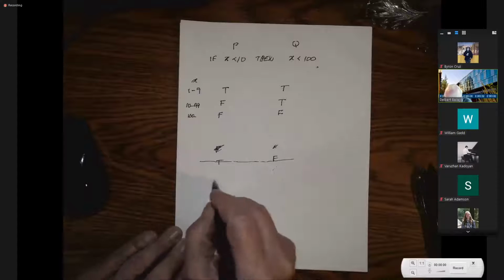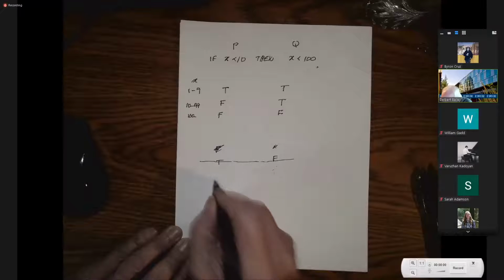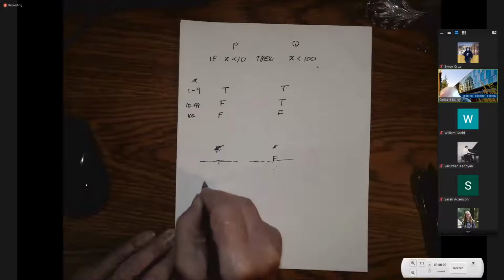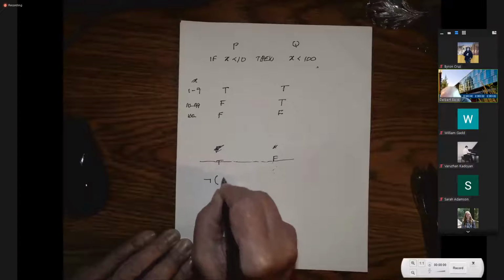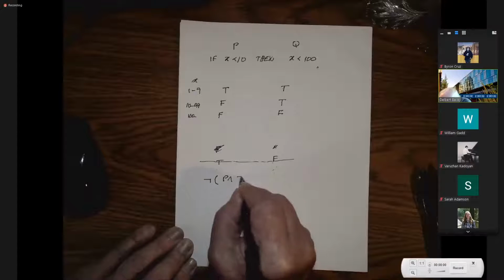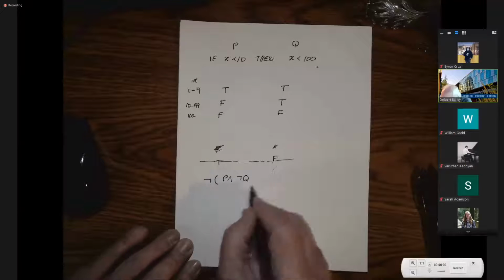Okay, also notice that another way of saying that it's never the case that this is true and this is false. We can write that with our logic like this. It's not the case that P is true and not Q is true. In other words, P is true and Q is false.